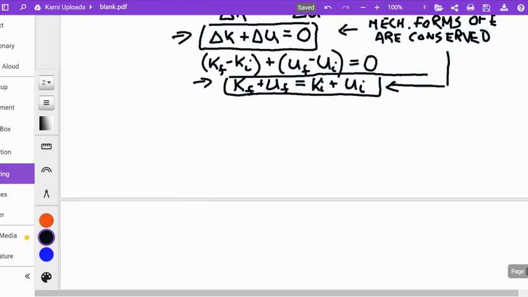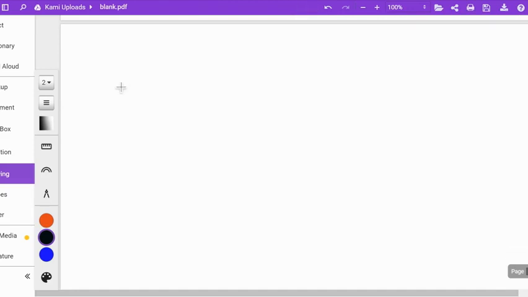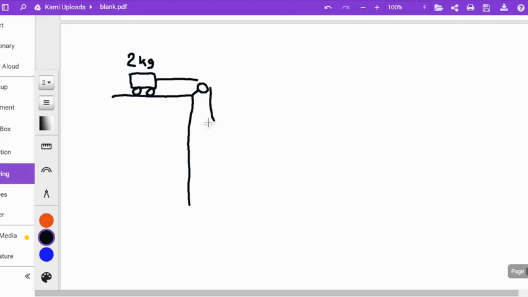Let's just put this onto a problem. Let's try it on a problem. And I'm going to draw a side pull Atwood machine. So we have a table. We're going to put a cart up here on wheels. Let's give that cart, I don't know, a mass of 2 kg. And then we're going to put a pulley with a string over it, dropping down.